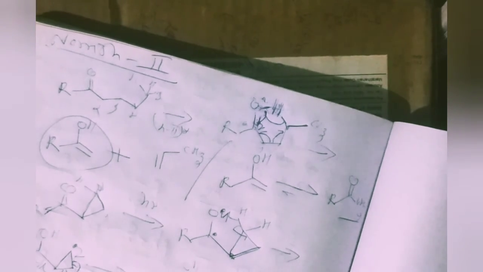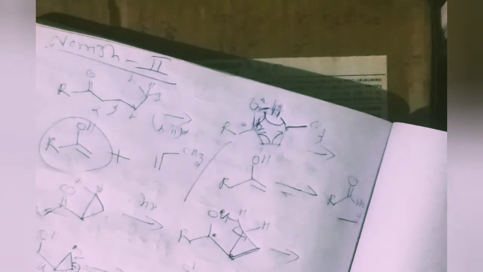The Norrish type 2 reaction enhances the rate of reaction in the presence of photons, or intensity of light. The Norrish type 2 reaction involves gamma hydrogen abstraction and beta cleavage.